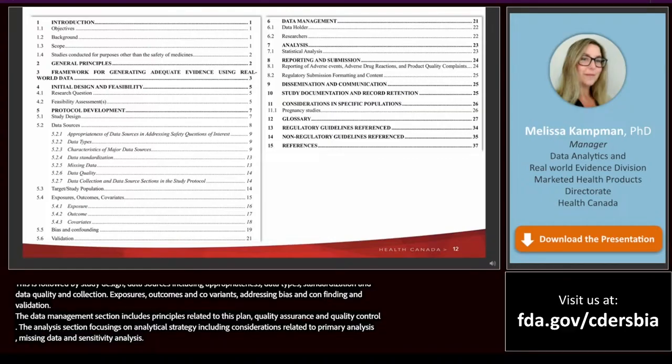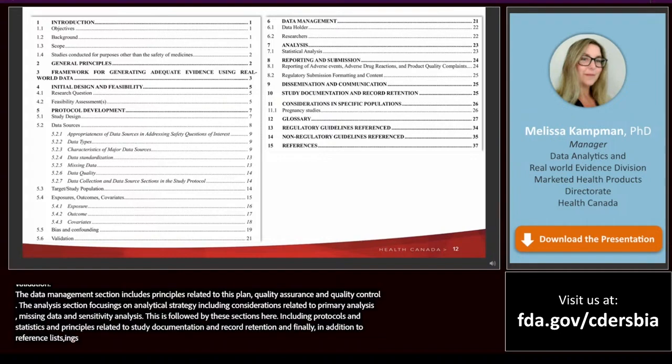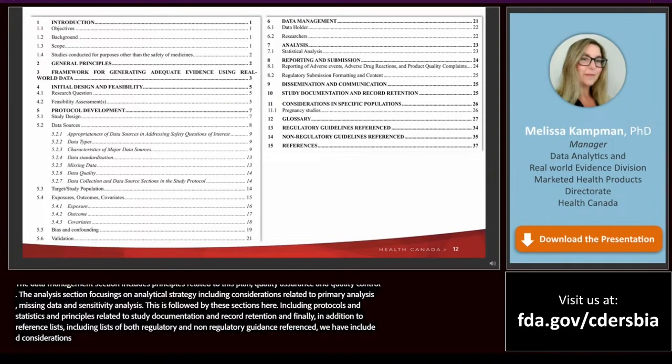This is then followed by sections focusing on reporting and submission to regulatory authorities, dissemination and communication related to the study, including of the protocols and statistical analysis plans, and principles related to study documentation and record retention. And then finally, in addition to reference lists, including lists of both regulatory and non-regulatory guidance referenced, we have included considerations for specific or special populations, such as a focus on pregnancy studies.